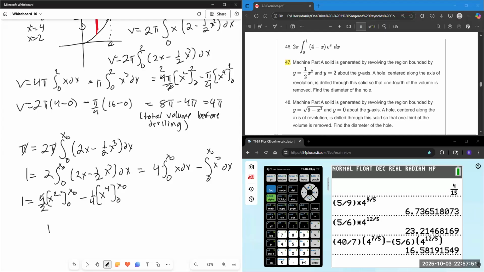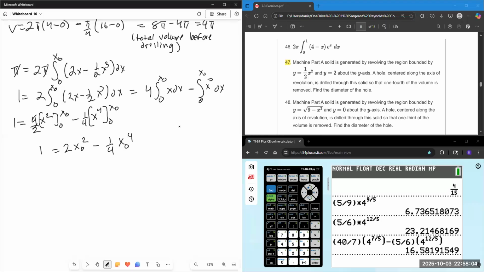So 1 is equal to 2 x naught squared minus 1/4 x naught to the fourth. I don't like that fraction there, so I'm going to multiply everything by 4. Bring everything to the left.